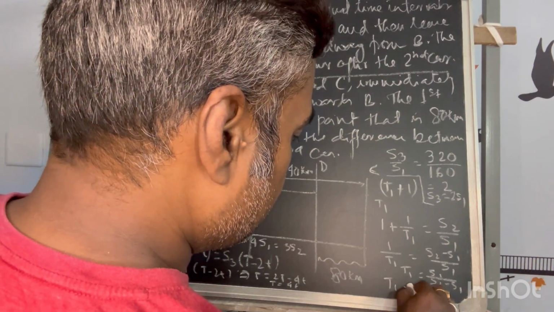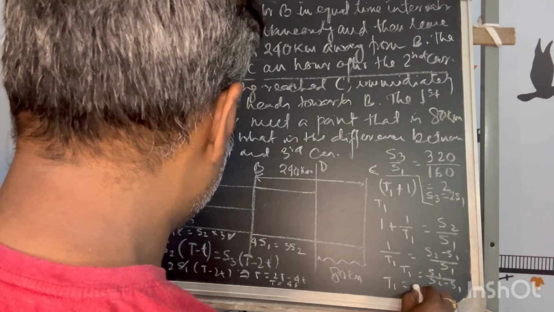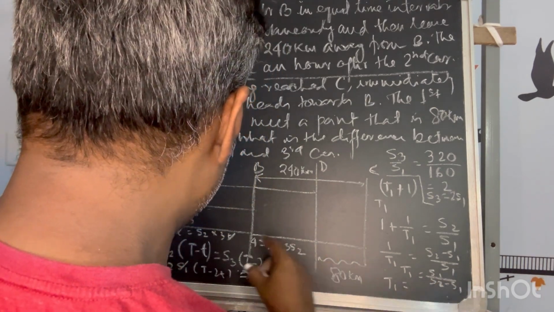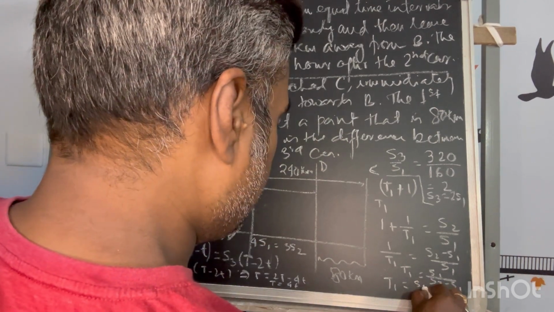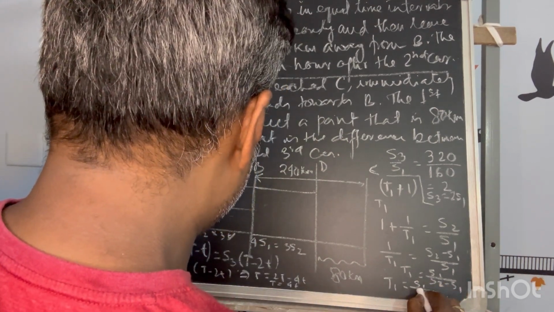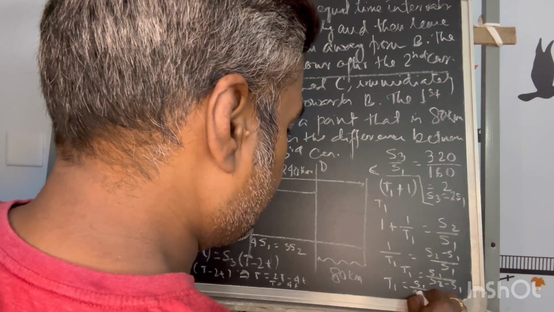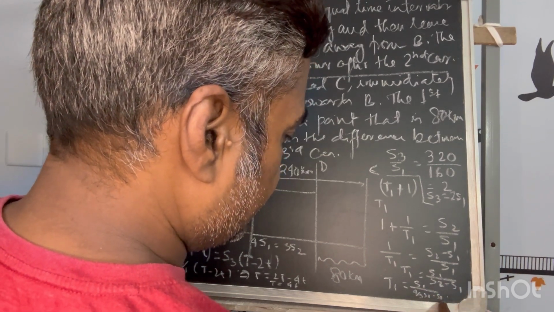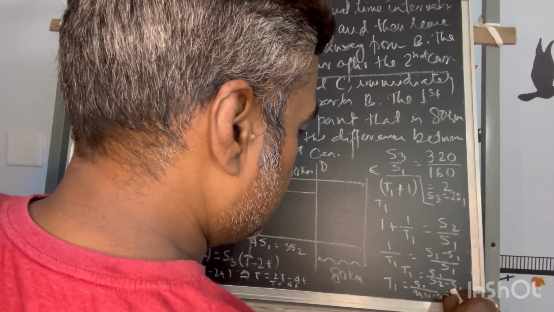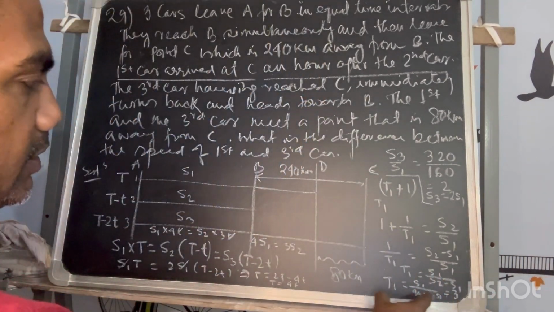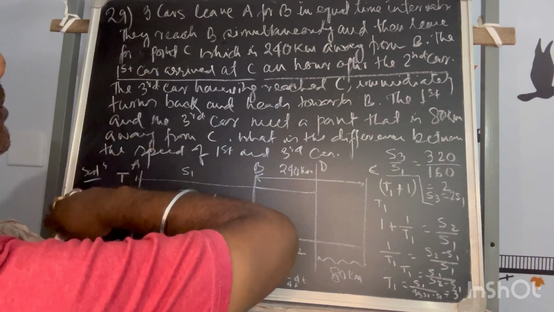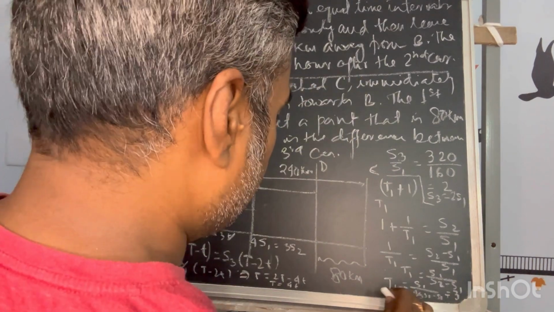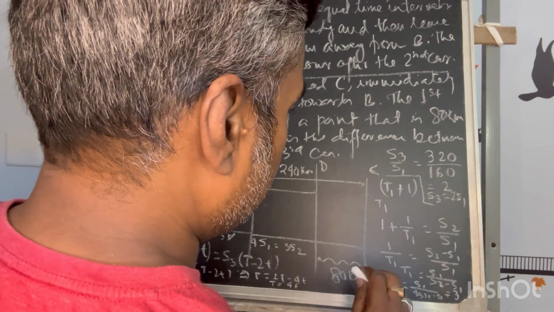T1 is equal to S1 over this one, so S2 I will put as 4 by 3 of S1, minus S1. So this will give 1/3 of S1. S1 cancelled out, it is equal to 3. I am getting 3, and because these are in kilometers and hours, this will be 3 hours. T1 is equal to 3 hours here.